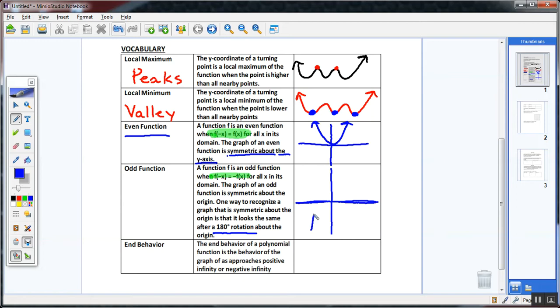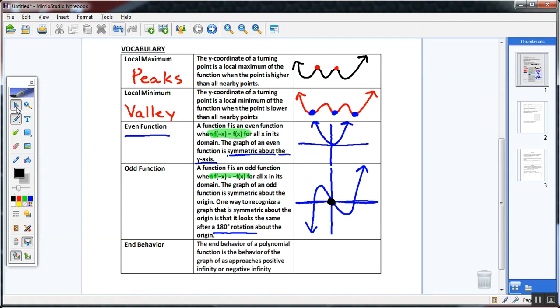Might come up here like so, down through here, like this. Now I didn't draw this the best, but kids, if I rotated that about the origin right here, half a turn, wouldn't that graph pretty much look exactly the same? In other words, if I could take this, well, maybe I can.